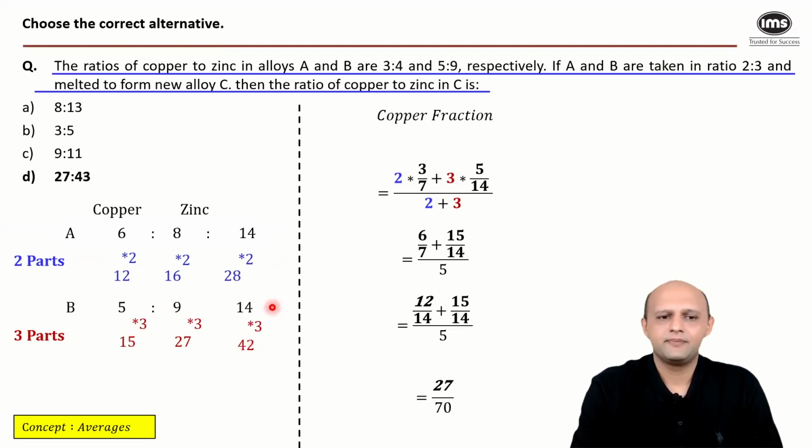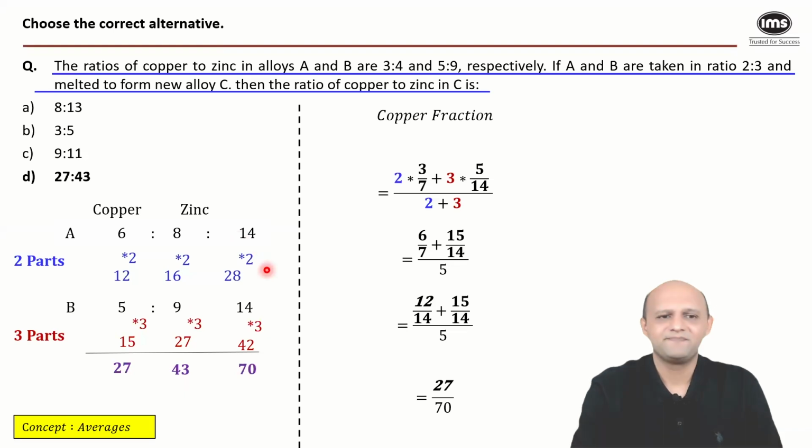Now, if you add this up, you get the required ratio, which is going to be 27:43:70. But what is the required ratio here? It is option D. Copper is to zinc would be 27:43. So just a different format where you calculate the LCM and then compute the parts.